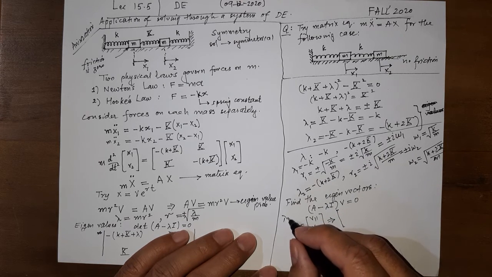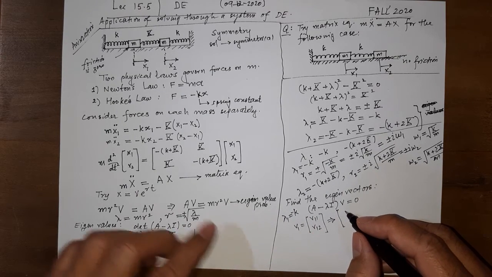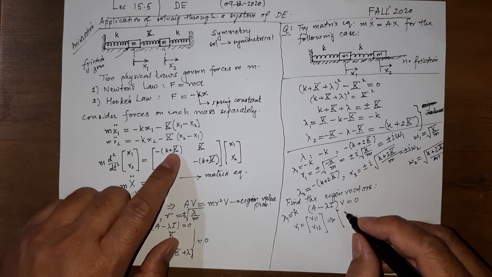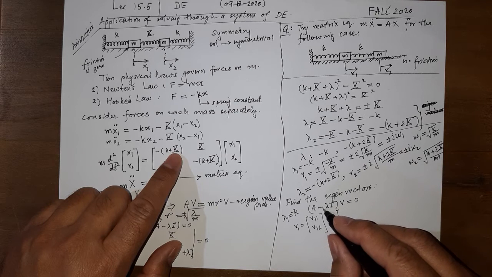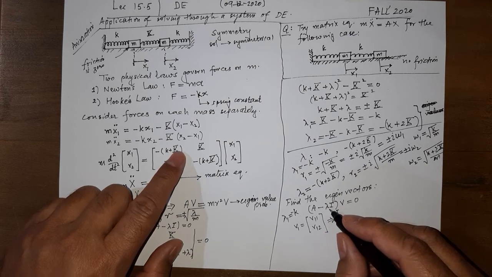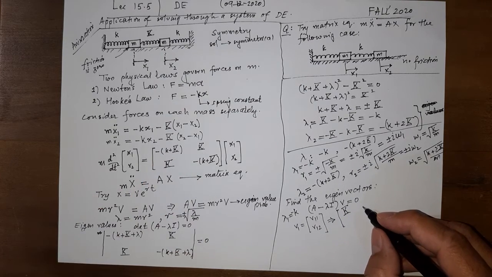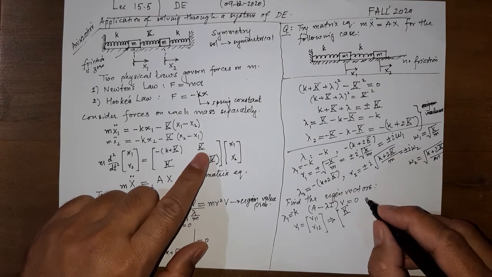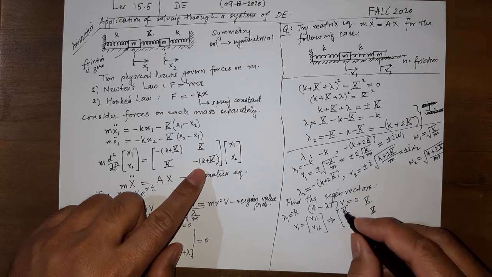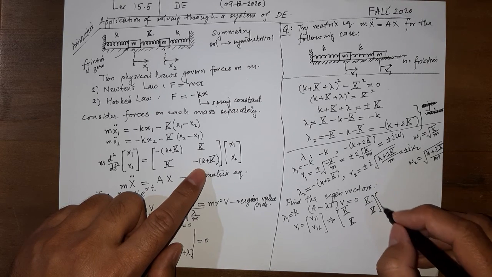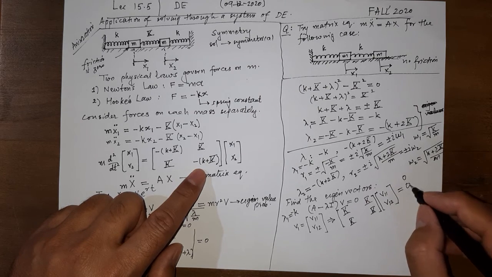So for one value of lambda 1 equal to minus k, we will have something like minus k plus minus k minus capital K, and minus k and plus k will cancel, and we are going to get capital K here, and this capital K as is, and this capital K because of this symmetry, and V11 V12 is equal to, sorry, this is a vector, 0.